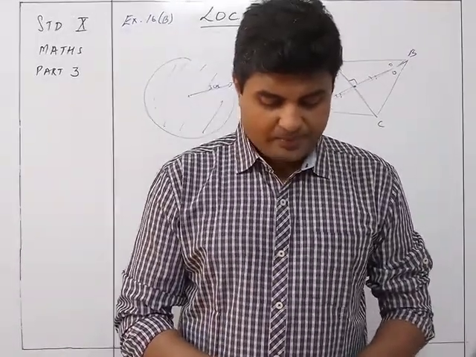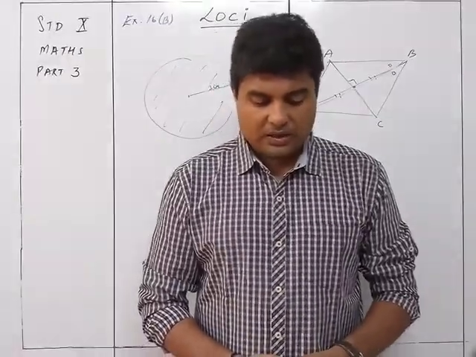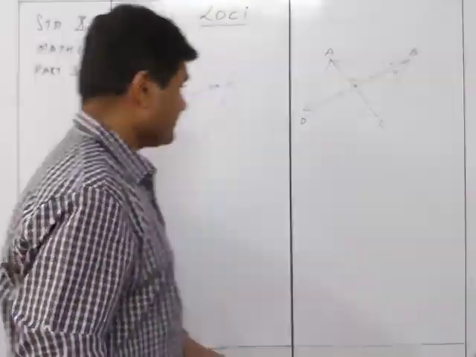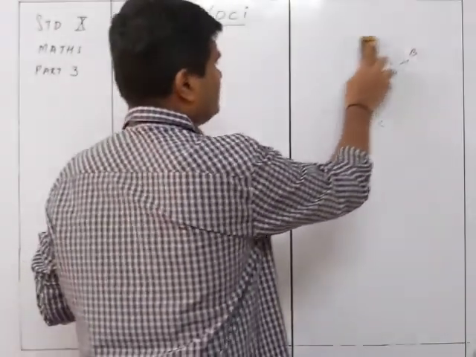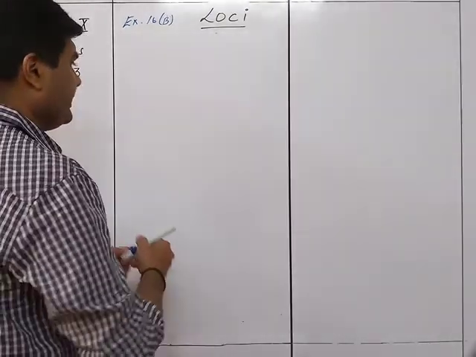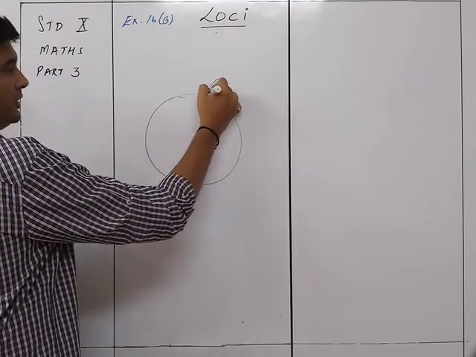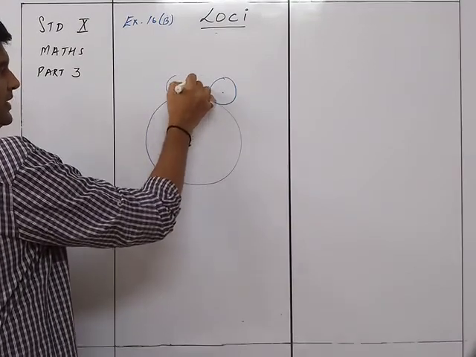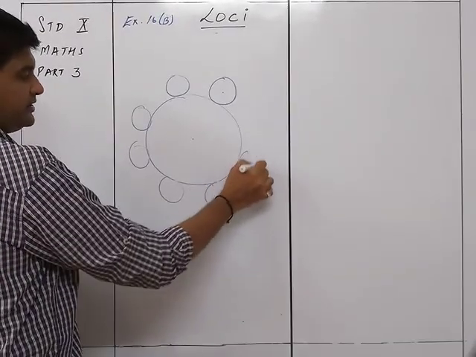Now we move on to the fifth one. The locus of the center of a given circle which rolls around the outside of a second circle and is always touching it. Okay, so let's understand this one. If I have a circle over here and another circle over here which is revolving around it, it will go here, then here, then here, and so on.